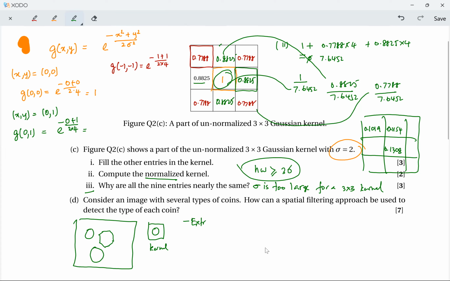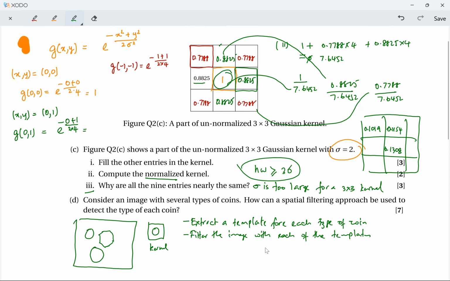First, extract a template for each type of coin, and secondly, filter the image with each of these templates.